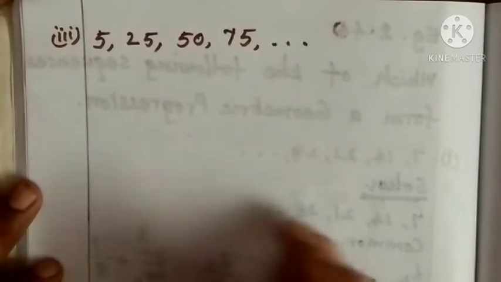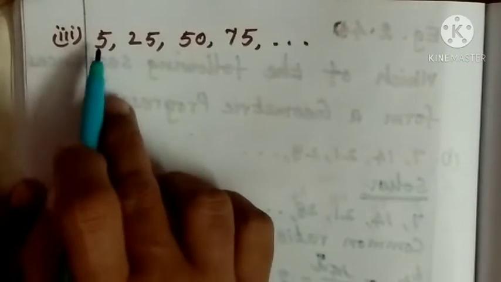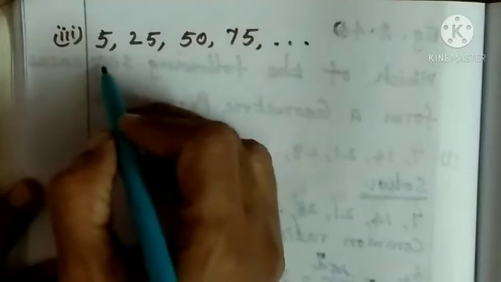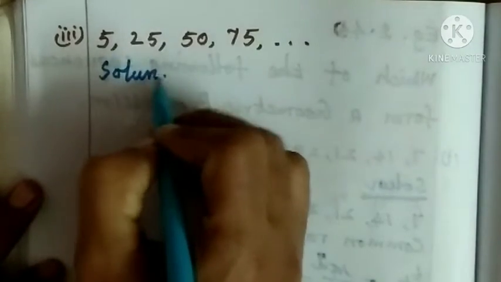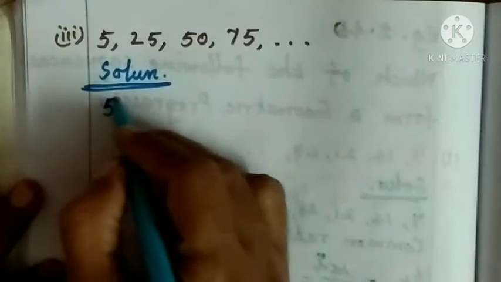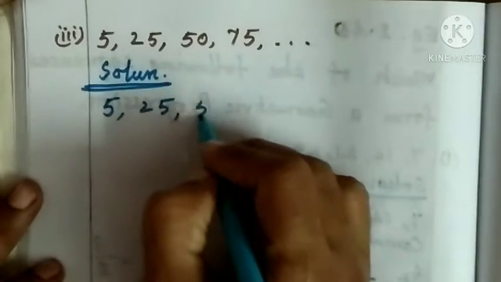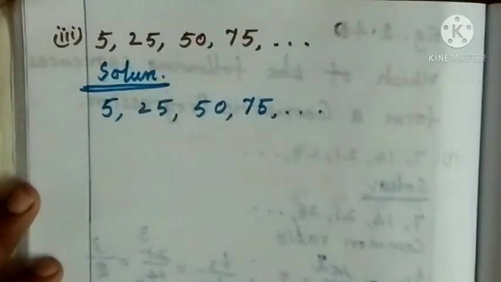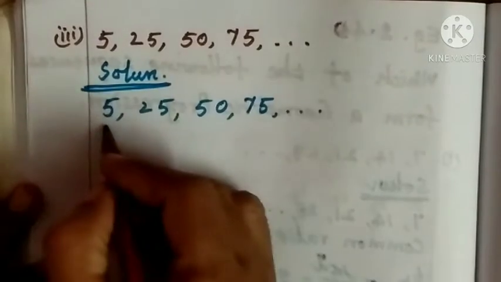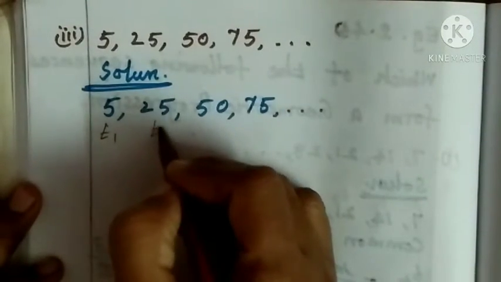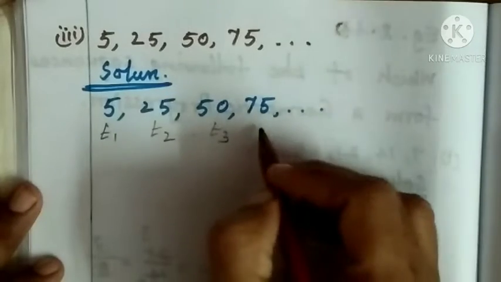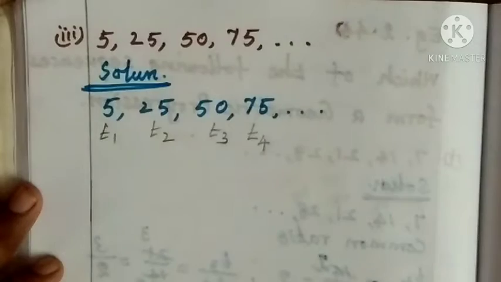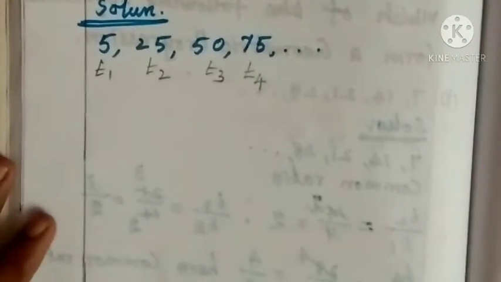Now we move on to the third subdivision. See the question: 5, 25, 50, 75 and so on. In the solution, first you write down the given sequence, that is 5, 25, 50, 75 and so on. Here T1 is 5 and T2 is 25, T3 is 50 and T4 is 75. Let us find the common ratio.